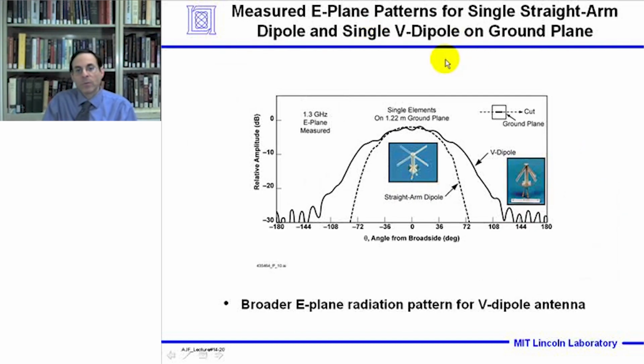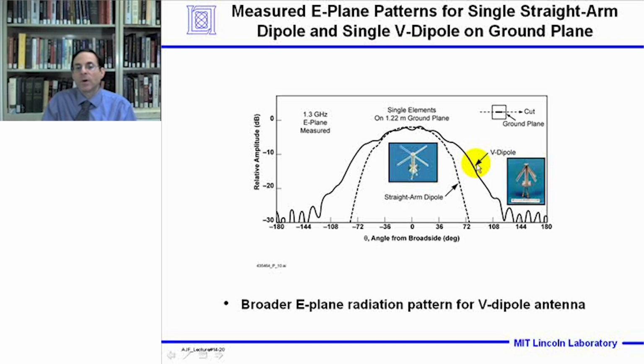In this slide, what we want to show is the difference between a straight-arm dipole and a V-dipole. These are single isolated dipoles on the center of a 1.22 meter ground plane at 1.3 gigahertz, and there is a large effect in sweeping the arms. A straight dipole antenna, shown here as the dashed curve, has a fairly narrow radiation pattern compared to the V-dipole, which has a broad pattern.